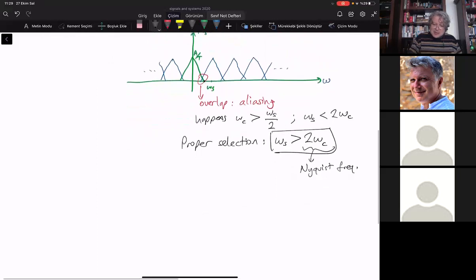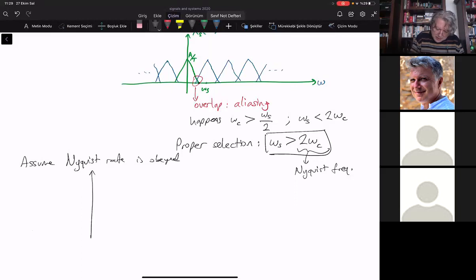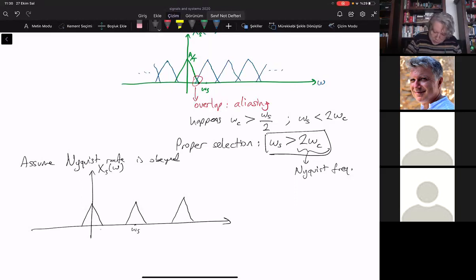Now let's assume that the Nyquist rate is obeyed. Then we have X sub s of omega to be equal to isolated frequency slots like this, where omega s, as you see, this one is way larger than twice omega c here.